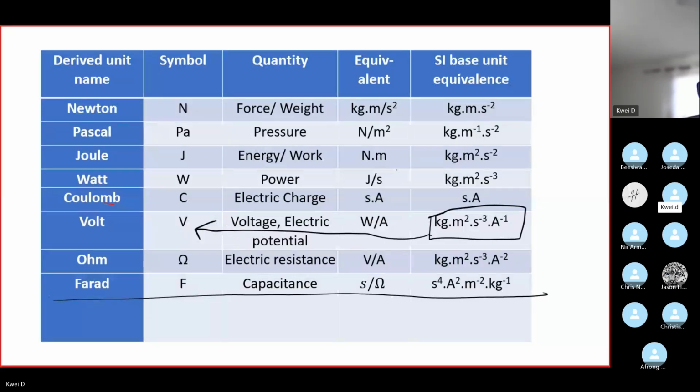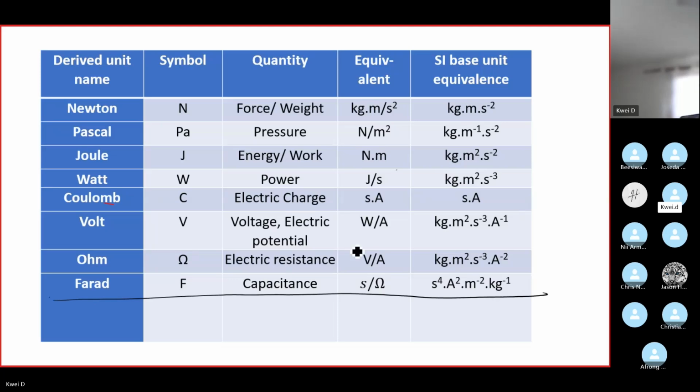Then we also have the ohm. The ohm is a Greek letter, the omega letter. So notice the symbol. The ohm measures electric resistance, which is the opposition to the flow of current. When current is going through a conductor, the material has the ability to oppose or resist the flow.